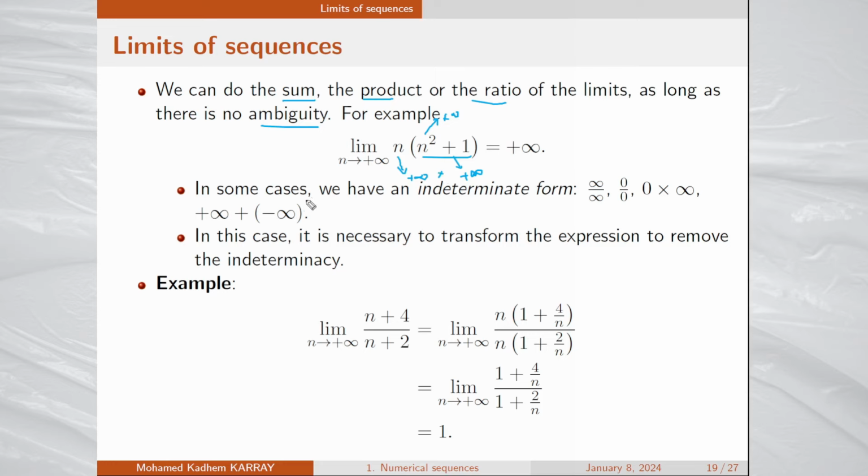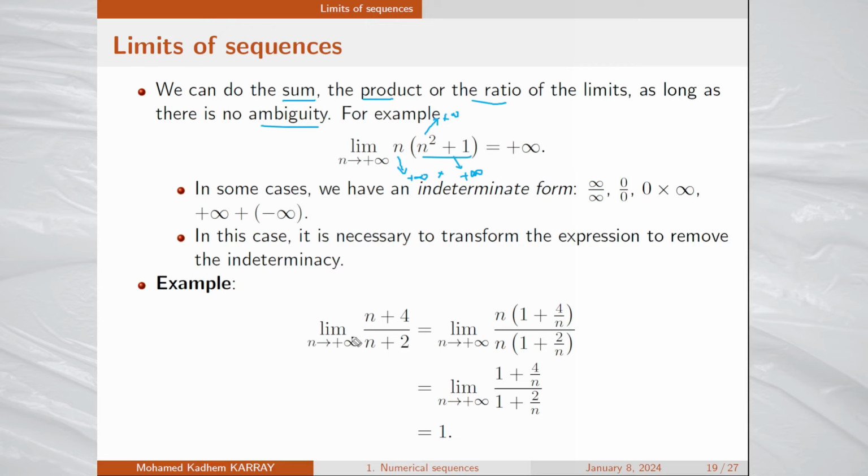But in some cases, we have an indeterminate form, such as infinity divided by infinity, or 0 divided by 0, or 0 multiplied by infinity, or plus infinity plus minus infinity. In this case, it is necessary to transform the expression to remove the indeterminacy.